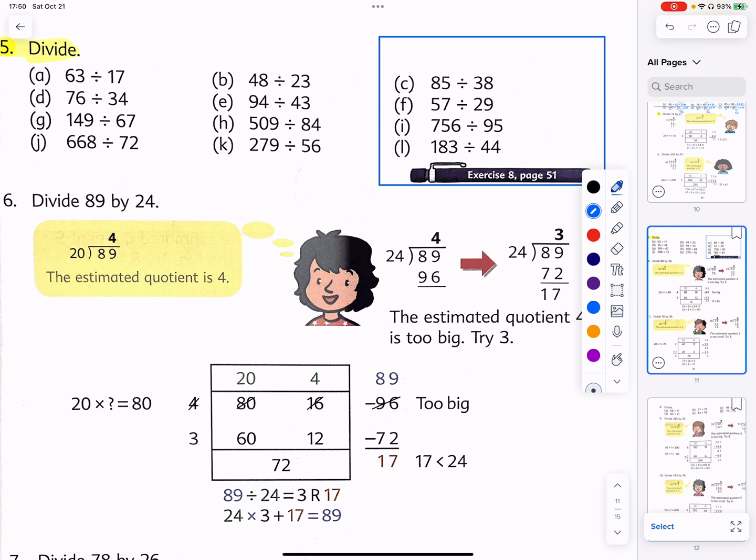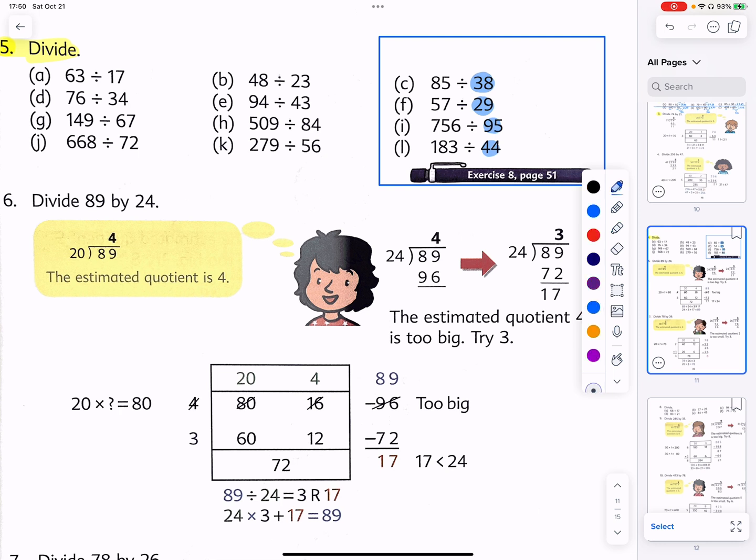Notice, unlike the previous page, our divisors are not round numbers: 38, 29, 95, 44.